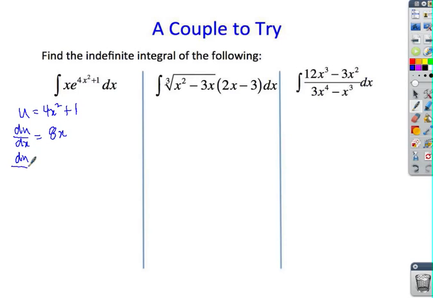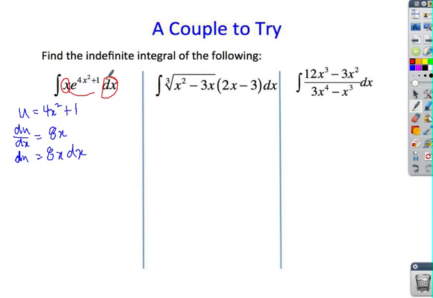du is equal to 8x dx. Now, if you look back in the original question, you'll see that what you really have outside of the e function is x dx.